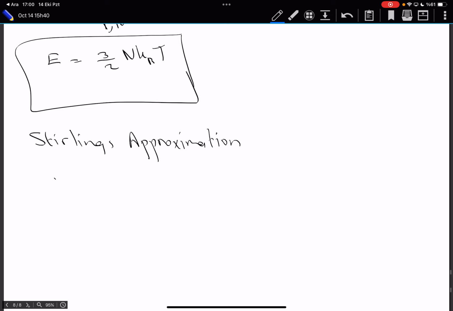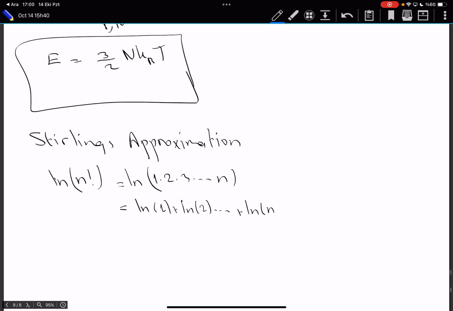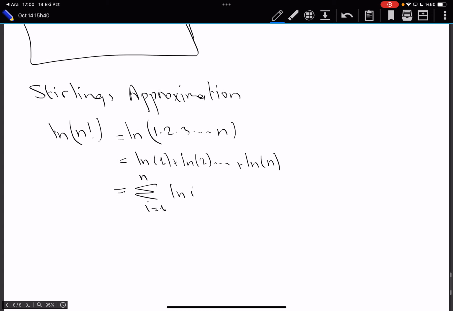But let's look at the logarithm of n factorial. This is the logarithm of 1 times 2 times 3 up to n, which is nothing but the logarithm of 1 plus the logarithm of 2 plus up to the logarithm of n, the sum over i from 1 to n of the logarithm of i.